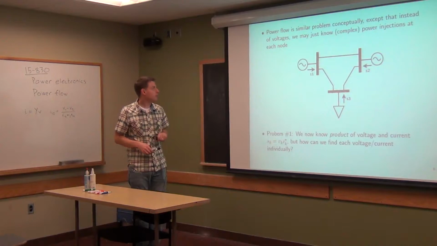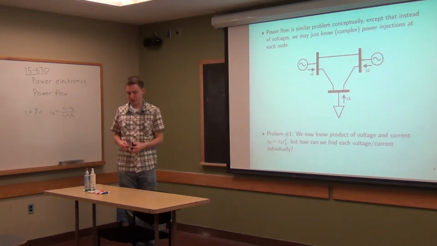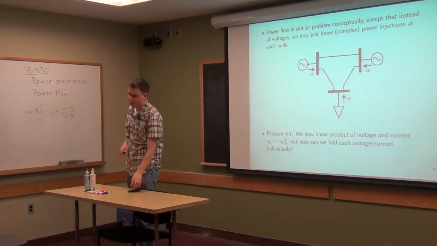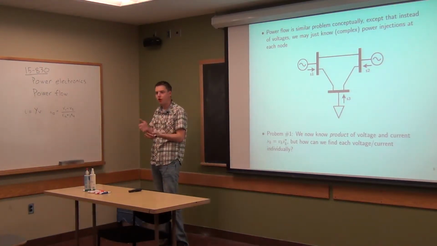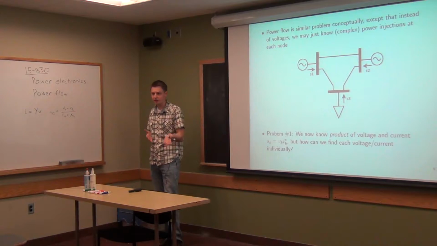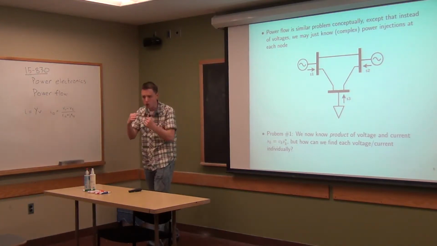Now, the problem, though, what I said in the beginning, is that power is different. In power analysis, we don't actually know what the current out of each generator is, for example. When a generator runs, there's really no way to directly control the current that comes out of it.